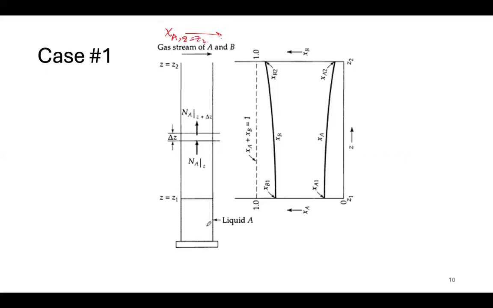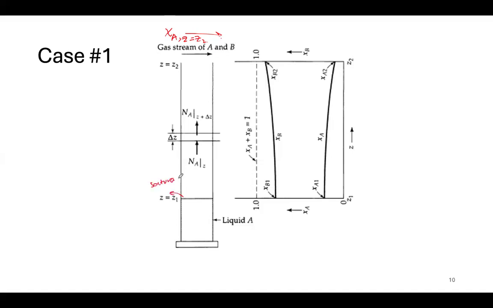What happens is, because you have a saturated liquid here, and then we have X_A over here. Near the liquid, if you have a perfume and you smell it really near the bottom, you will smell so much perfume there because it is very saturated.